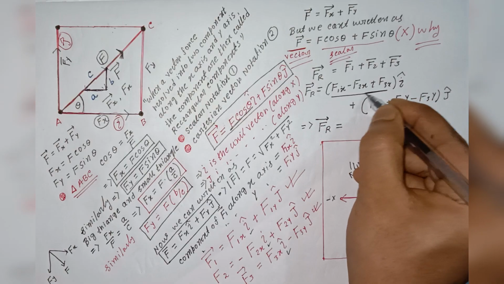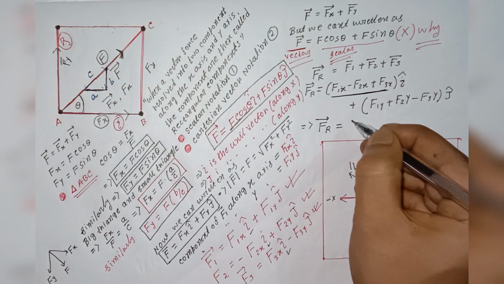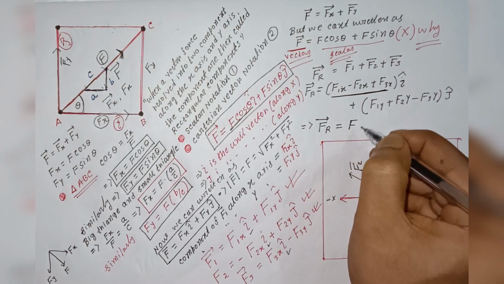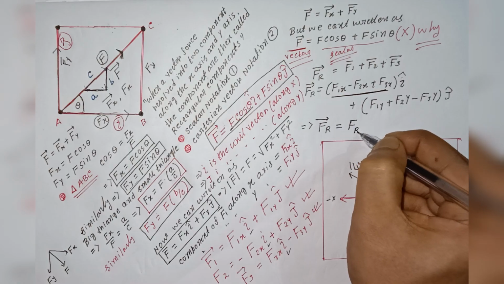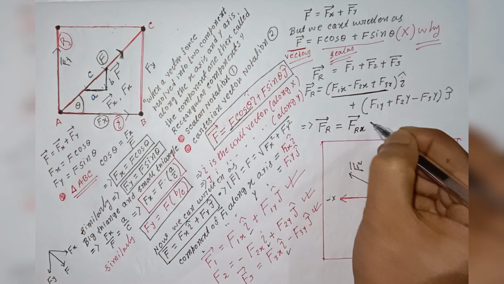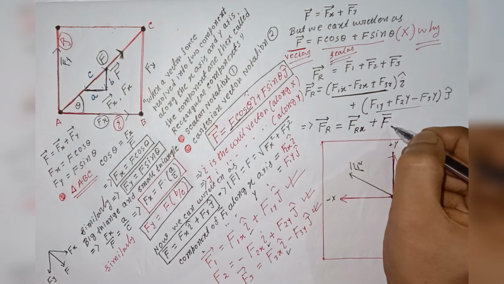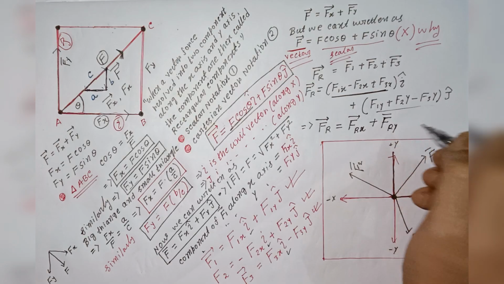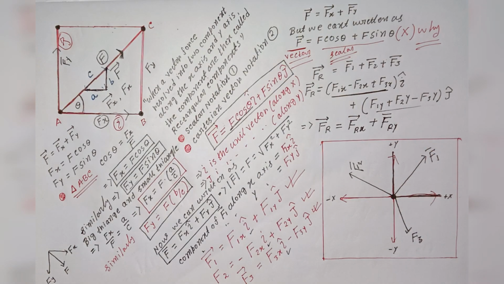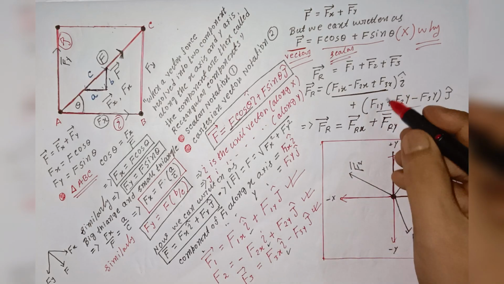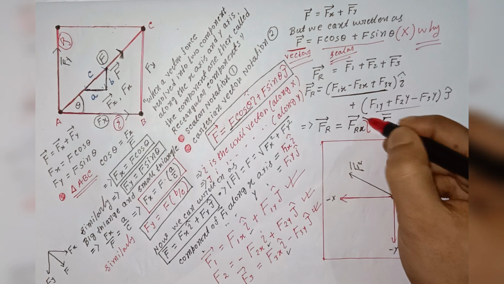So now we can write fr vector equal to, look, all coefficients of the x-axis, meaning the summation of all x-axis components. We write this as frx. frx means the summation of all coefficients of i cap. fry means the summation of all the coefficients along y. This is the resultant vector equal to frx i cap plus fry j cap.